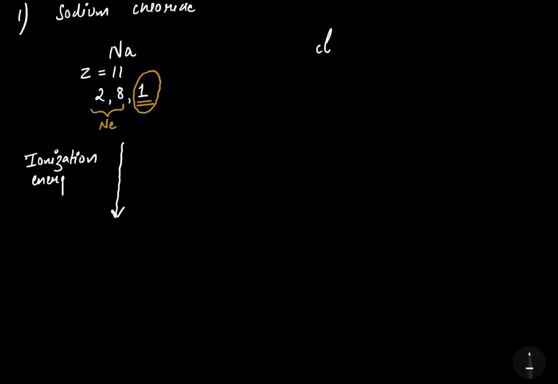What do we mean by ionization energy? It is the energy required to lose an electron from isolated gaseous atom. So the sodium atom, after gaining ionization energy, will lose its one electron from the valence shell and will become sodium positive ion with an electronic configuration of 2, 8, which is stable inert gas configuration of neon.